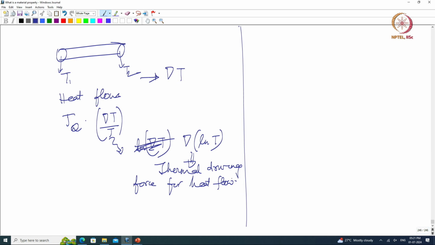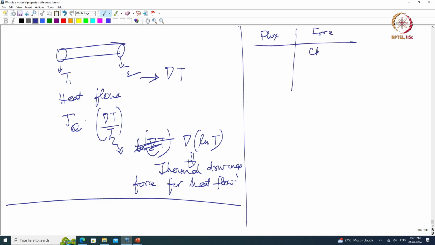Okay, so I have a flux and I have a force, and this force can be chemical, electrical, or, just for completeness, mechanical. I am not specifically saying mechanical because mechanical fluxes are not conservative in nature. It is just the force that I apply on a spring mass.